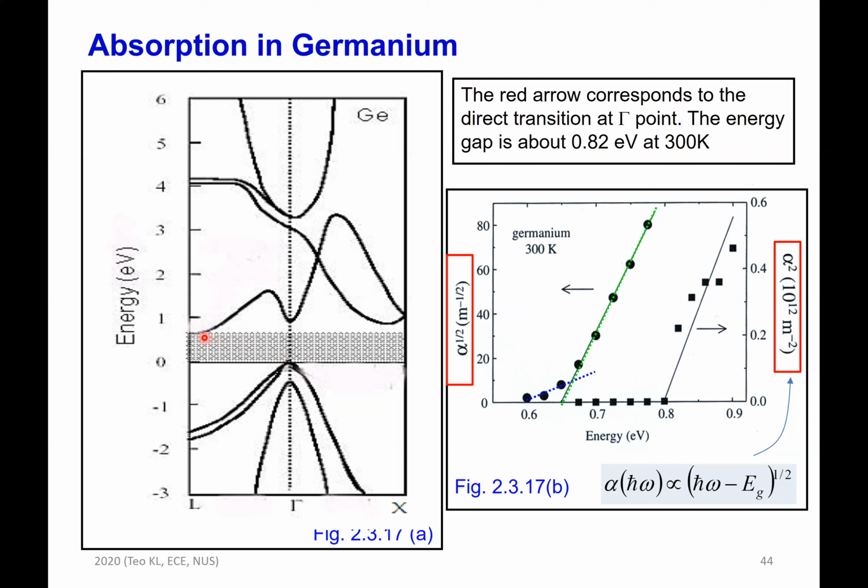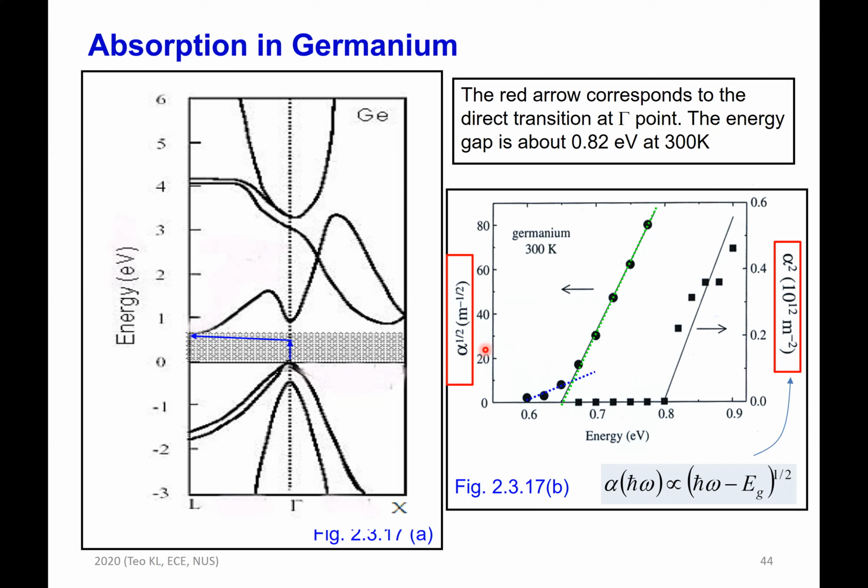So this is an indirect band gap semiconductor. At the L point, you have kx equals 1, ky equals 1, kz equals 1. By coming in with a photon energy, you can have, let's say, absorbing a photon. So you excite to a virtual state, and then you can go to the minimum of the conduction band.